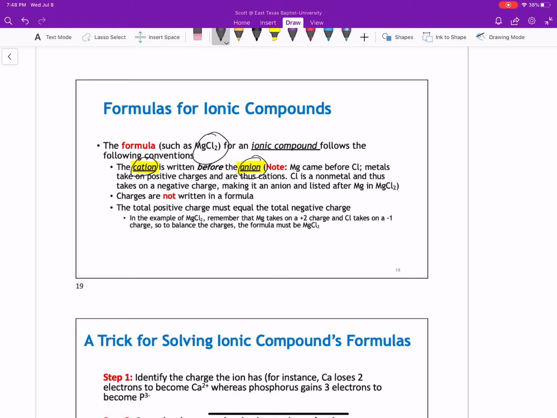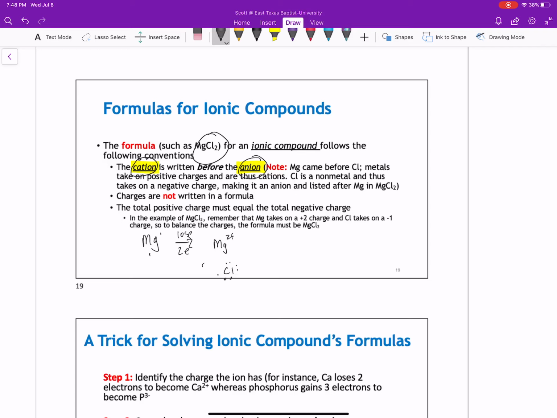Okay, so let's think about this. If magnesium is in column 2, so it has 2 valence electrons. Draw it as the Lewis dot diagram. It's going to lose those 2 to give you Mg with 2 positives or 2 plus. And then chlorine is a halogen. It's in column 7.